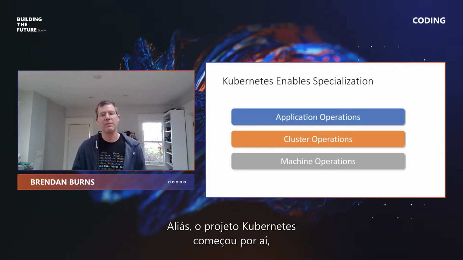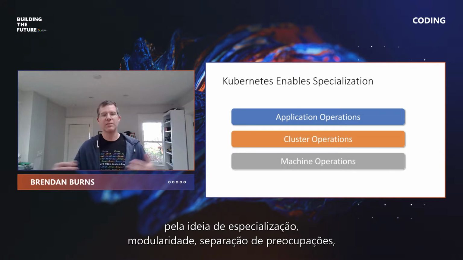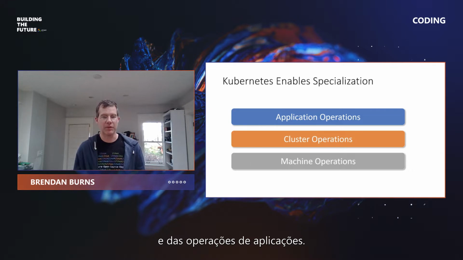One of the primary things Kubernetes thought about doing, and that we've seen in the cloud native compute ecosystem, is this idea of specialization, modularity, and separation of concerns, so that you can have machine operations be separate from cluster operations and separate from application operations.